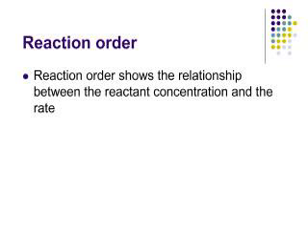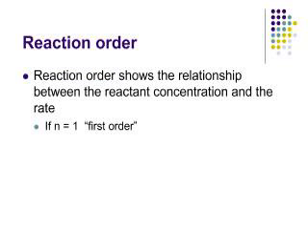We'll actually talk about that in a separate podcast. But what the reaction order shows you is the mathematical relationship between the concentration and the rate. It gives you a way of actually quantifying that. Not, oh, as the concentration gets larger, the rate increases. We're being much more specific.